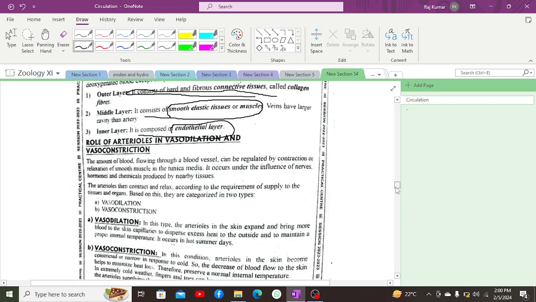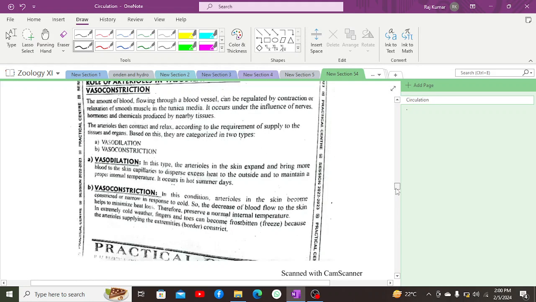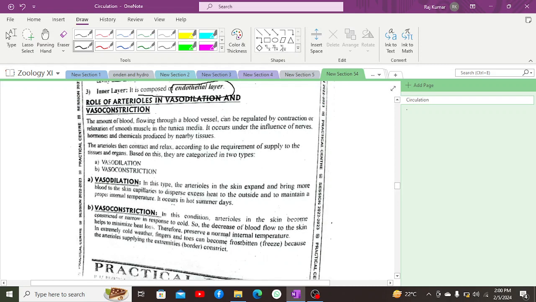Now, the role of arterioles in vasodilation and vasoconstriction: the amount of blood flowing through a blood vessel can be regulated by contraction or relaxation of smooth muscles in the tunica media, and it occurs under the influence of nerves, hormones, and chemicals produced by nearby tissue.